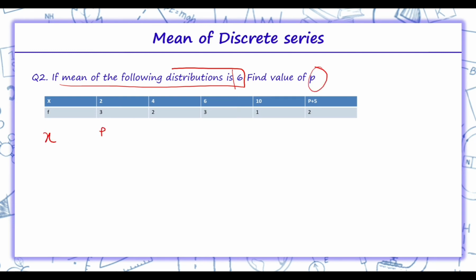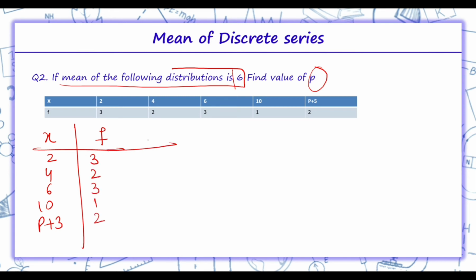So x and f I will write over here. X is 2, 4, 6, 10, p plus 3. F is 3, 2, 3, 1, 2. So first, whenever we are provided with unknown values like this, mostly we will use the direct method for calculating them.